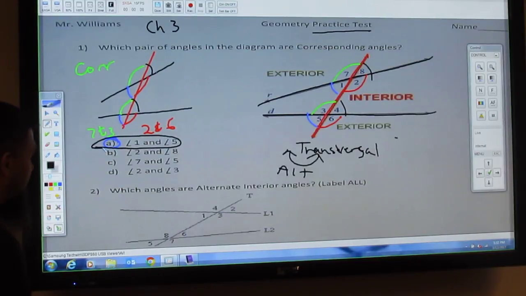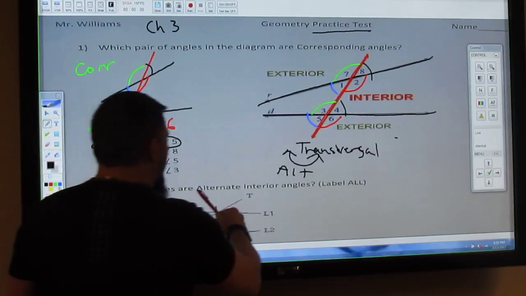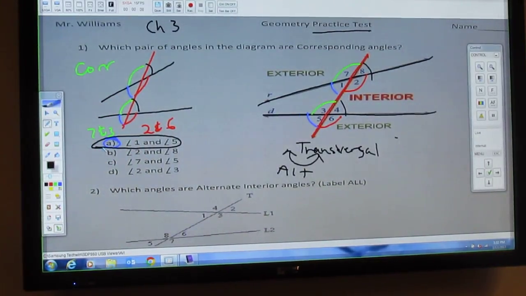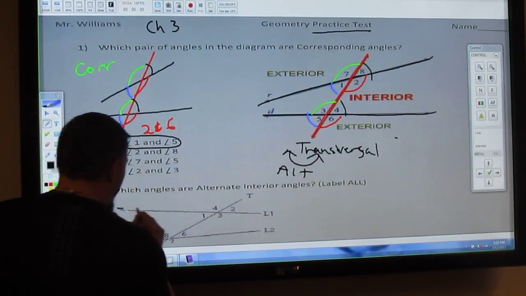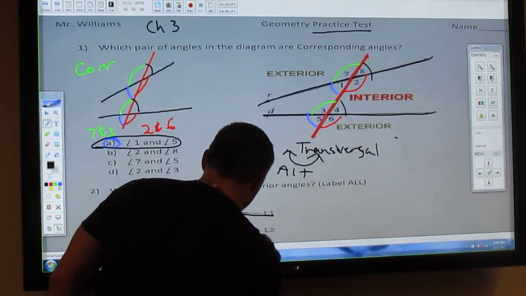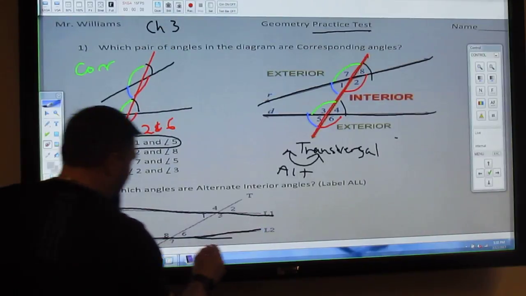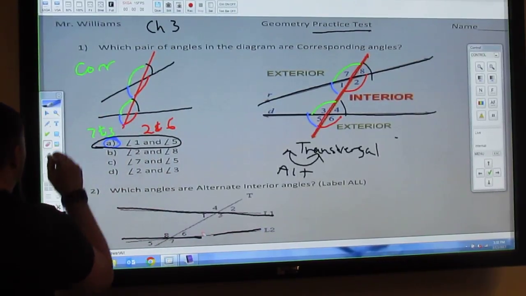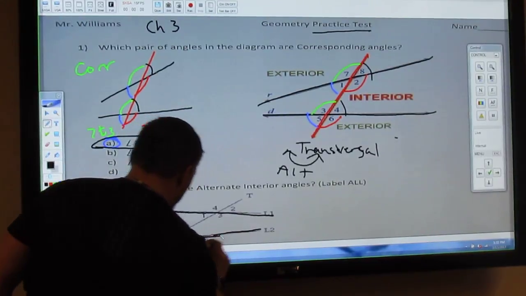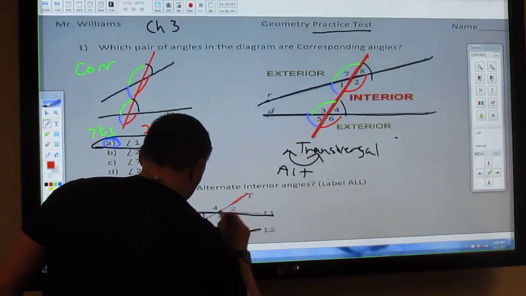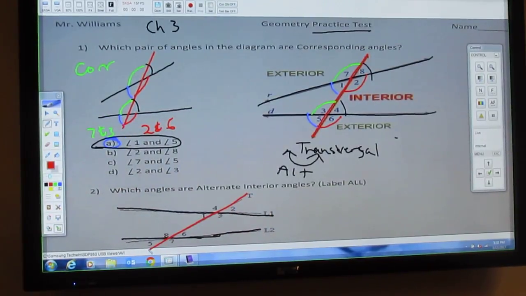Okay, so, alright, which angles are alternate interior angles? So we talked about this already. We said that, okay, we got these two lines, and they're cut by a transversal, right?